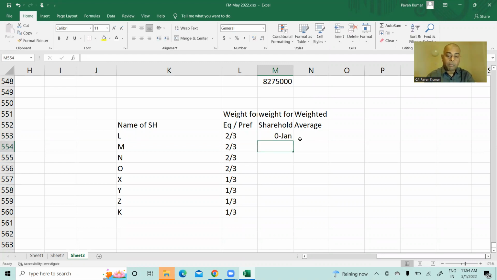Is that okay? 0.3, again 0.3, 0.2, 0.2. This also we can write as 0.66 and 0.33, but there will be a fractional difference, no?